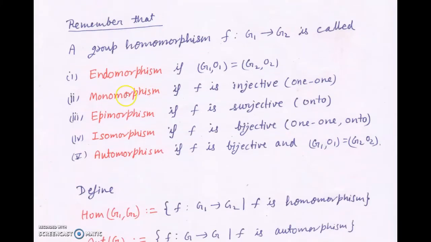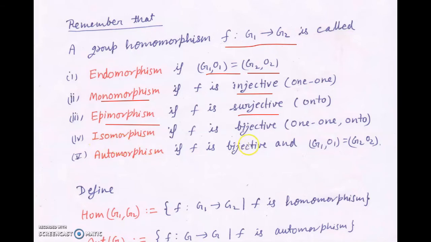Okay, some of the things we need to remember. For example, what is an endomorphism? If F from G1 to G2 is a group homomorphism, then it is called an endomorphism if G1 and G2, both the groups, are the same. This map is called a monomorphism if it is an injective group homomorphism. This map is called an epimorphism if it is a surjective group homomorphism.